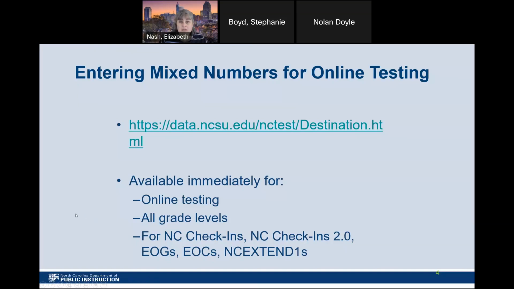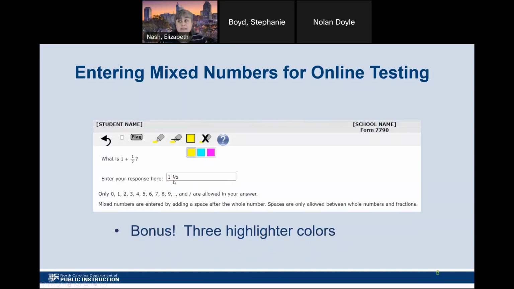All right, one quick note related to our online testing. We use a platform called NCTest, which I'm sure you're familiar with. After years of hearing from folks requesting it, and us continually reminding folks that this is important to us, we are very pleased to report that beginning now, for all grade levels, for all of our online testing, whether it's a check-in or an EOG, students are able to enter mixed numbers for gridded response questions.